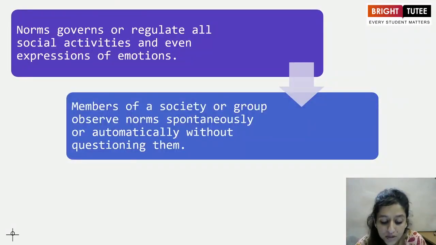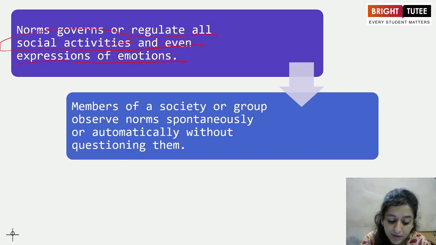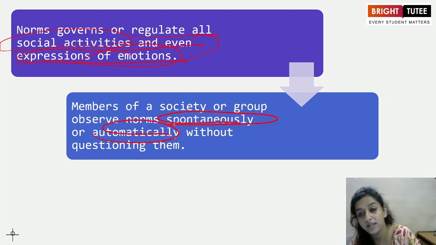Also, norms govern or regulate all social activities and even the expression of emotions. So all the social activities and the expression of emotions are regulated under these norms. The members of a society or a group observe norms spontaneously or automatically without questioning them. It is something that becomes a part of you.